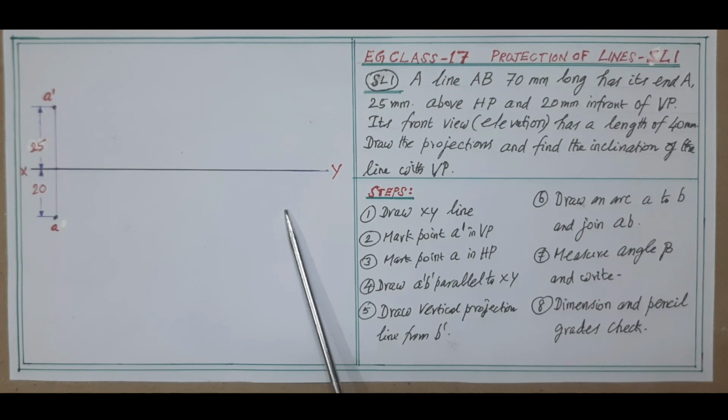These are the two possibilities. Then the third possibility for the straight line is when inclined to both planes: the shorter length will appear on both planes and it won't be parallel to either HP or VP.